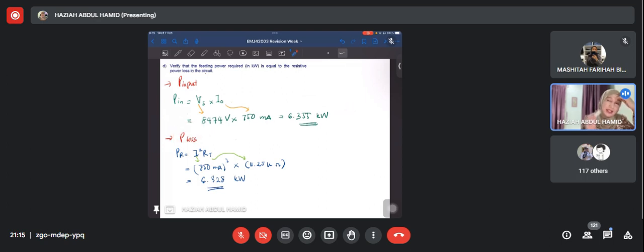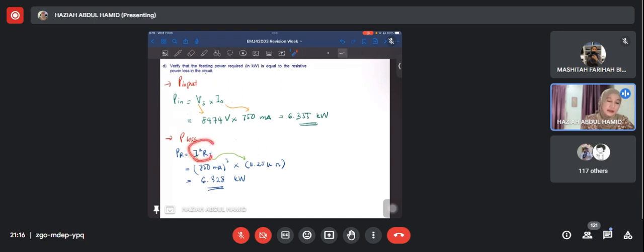For losses, you must use a formula that has R, because any losses involve R, relating to the resistive element. The total R of our resonance circuit we calculated before is 11.25 kilo ohm, and the same I because it is a resistive series resonance circuit.